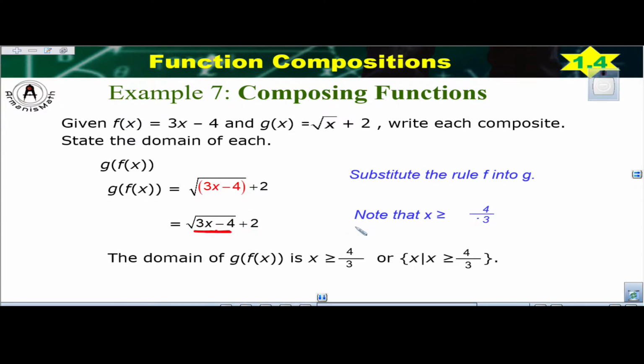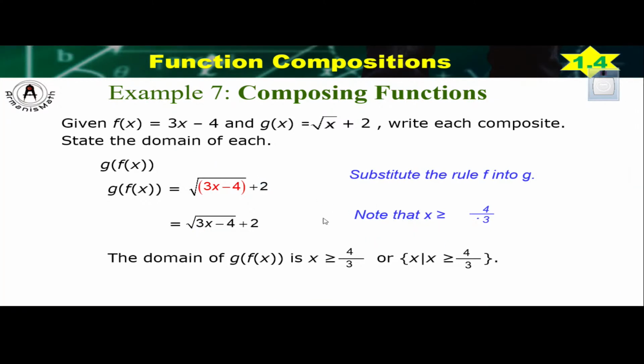So I did 3x minus 4 equals 0, then you add 4, and then you divide by 3. When you replay this video, you might want to pause a little bit on that item. Gavin, did that help?